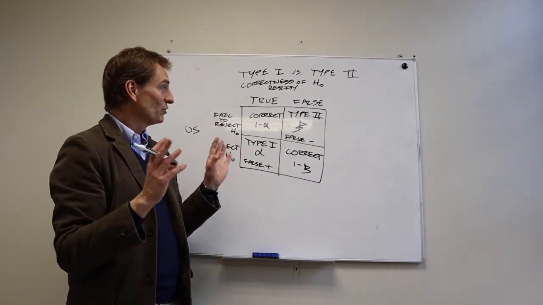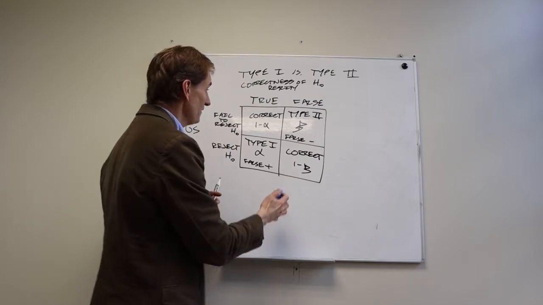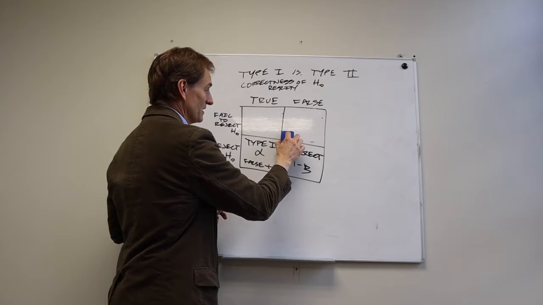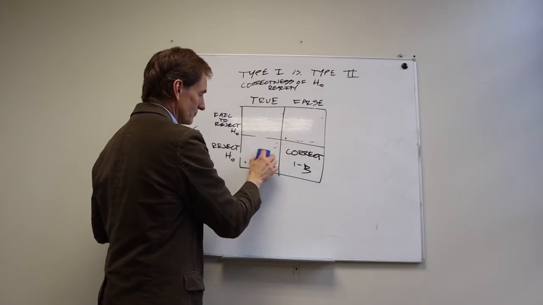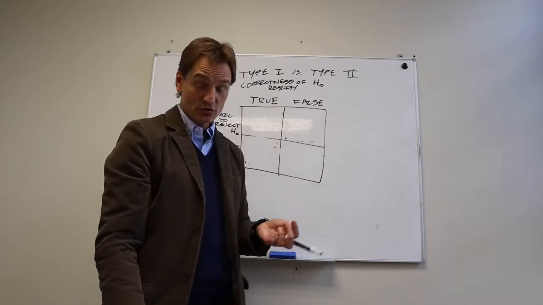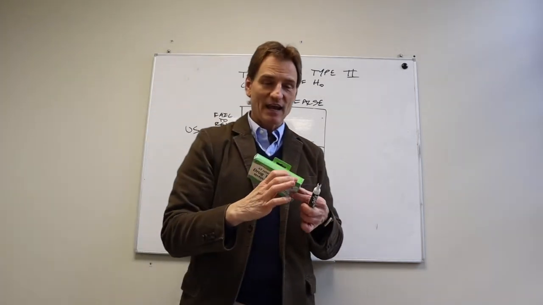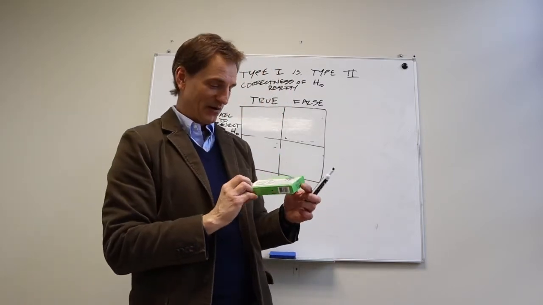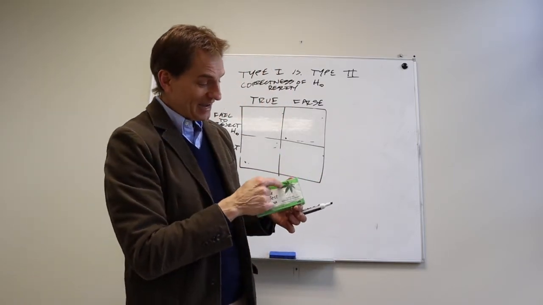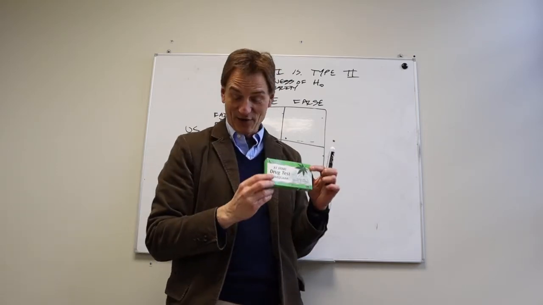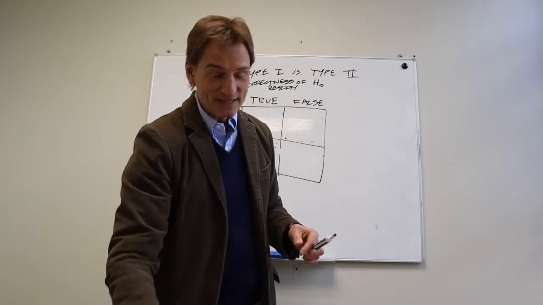Okay, let's put this into a specific experience. What I have here, actually I have 2 tests here. This is an at-home marijuana test that was given to me by a student. I know it's a marijuana test because it says marijuana there, and then I believe this plant is a marijuana plant. I wouldn't know. But let's not talk about that.